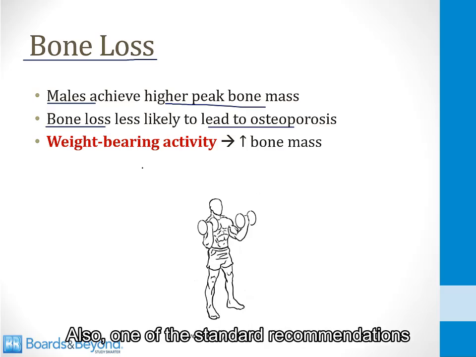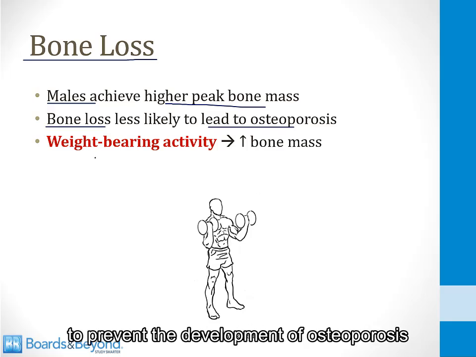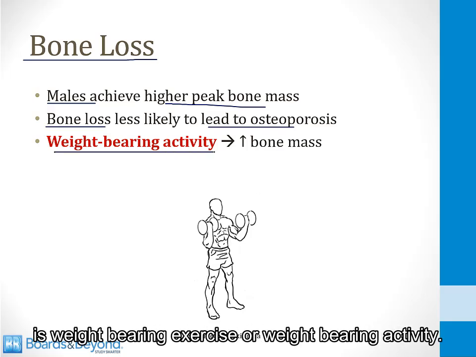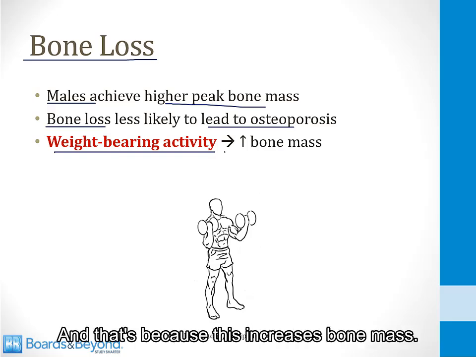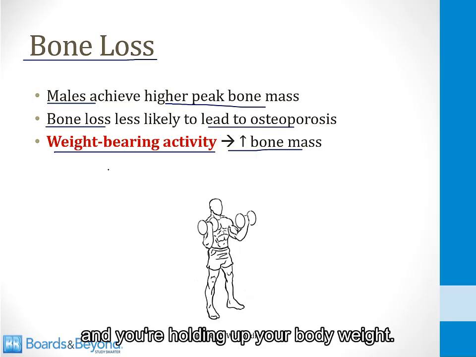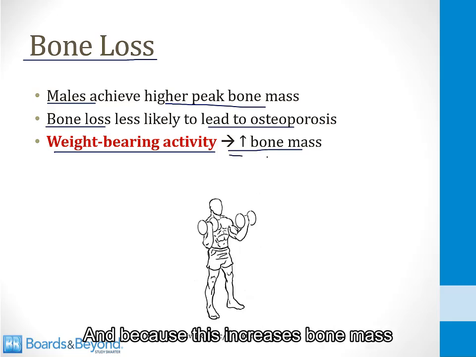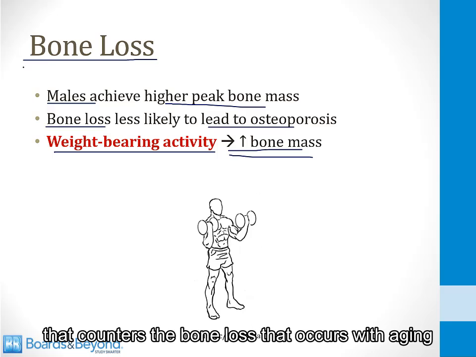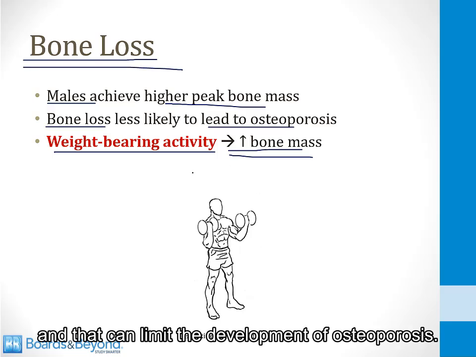Also, one of the standard recommendations to prevent the development of osteoporosis is weight-bearing exercise or weight-bearing activity, and that's because this increases bone mass. Weight-bearing activity is basically activity where you're standing and you're holding up your body weight, and because this increases bone mass, that counters the bone loss that occurs with aging, and that can limit the development of osteoporosis.